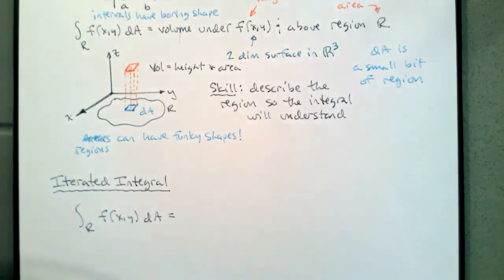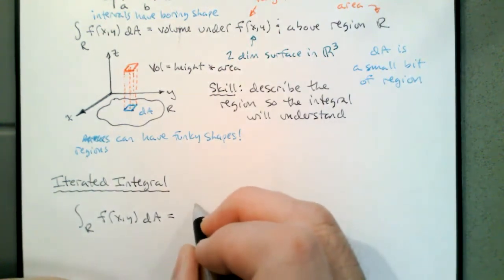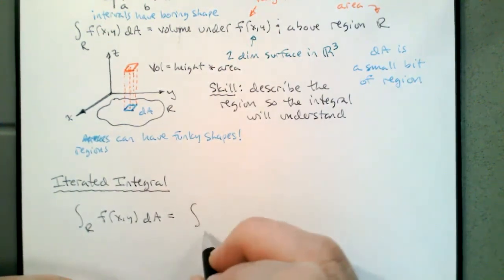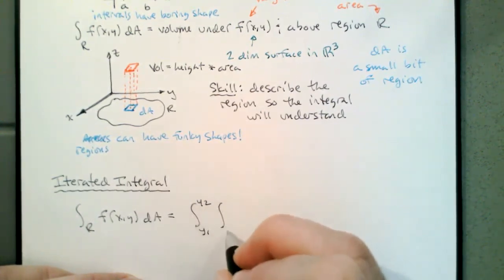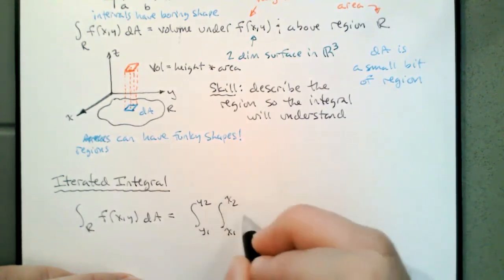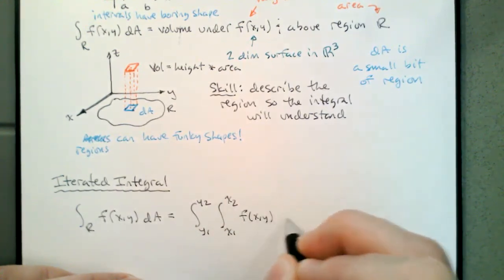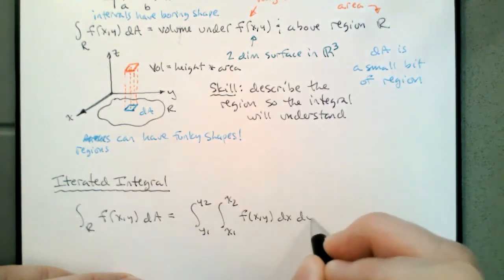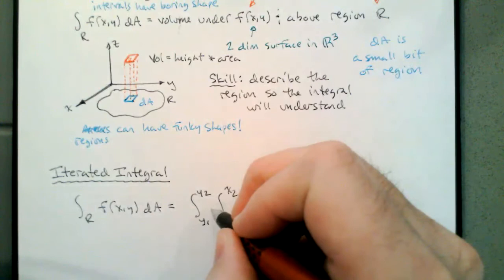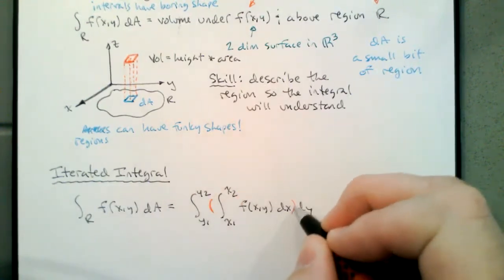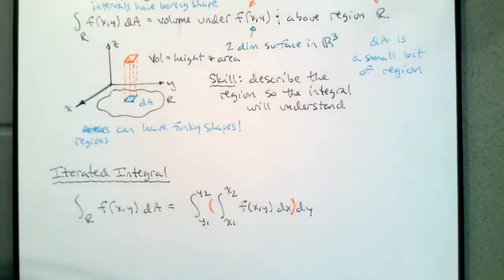So we want to describe the integral as, say, the integral from y1 to y2, and then the integral from x1 to x2 of f of x, y dx dy. What we're looking at is a two-step integral, where we first integrate with respect to x, and then we integrate with respect to y.